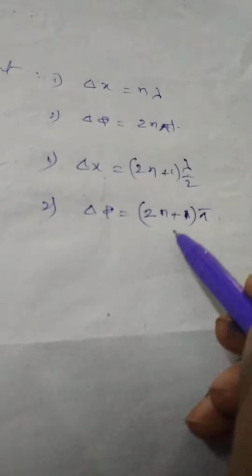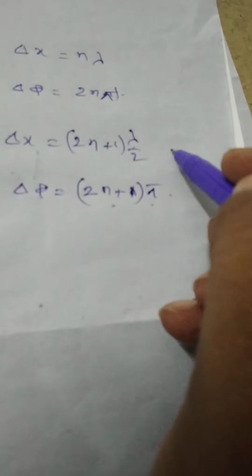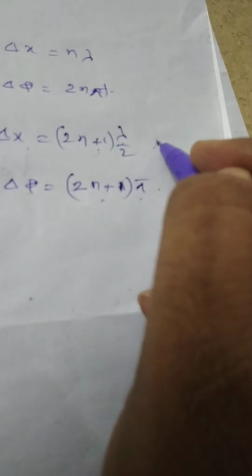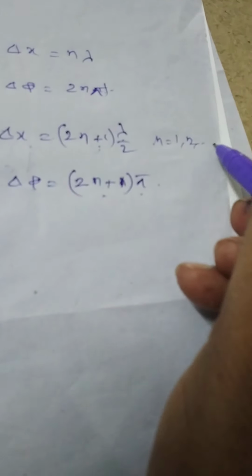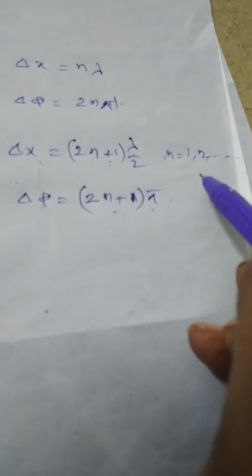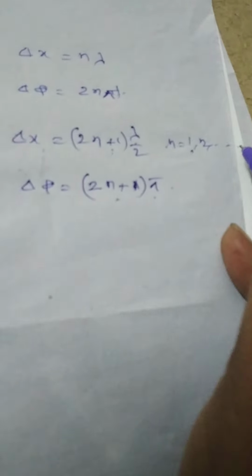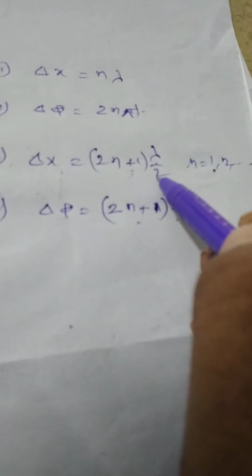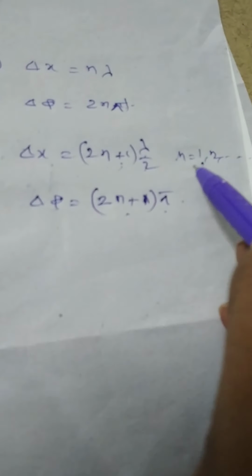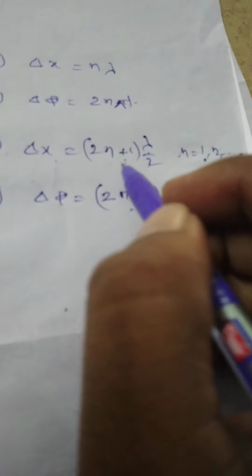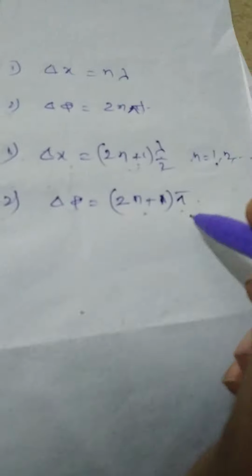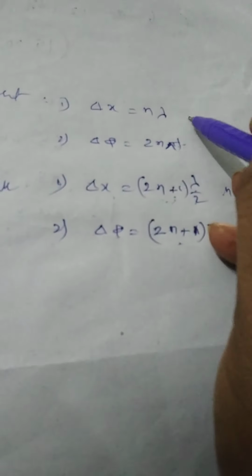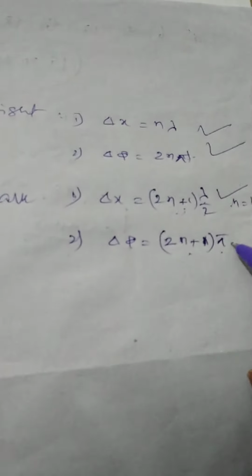Odd multiple of lambda by 2 is odd multiple of pi. Suppose we take plus 1, then n is taken from 0, 1, 2, 3 and so on. Suppose it is taken as (2n minus 1) into lambda by 2, then n is compulsorily taken from 1, 2, 3 and so on. But there is no negative value here. Do you understand? Right. So these are the conditions for bright and dark bands in case of the YDSE experiment.